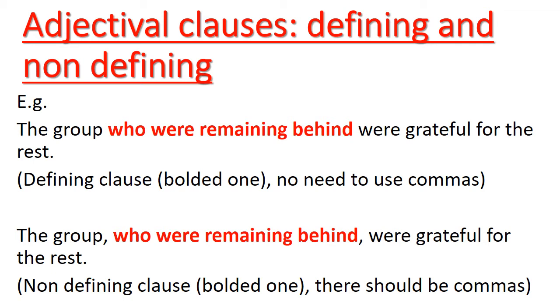Adjectival clauses, defining and non-defining. What are they? Let's see. The group who were remaining behind were grateful for the rest. Here, children, who were remaining behind defines the group that is meant.